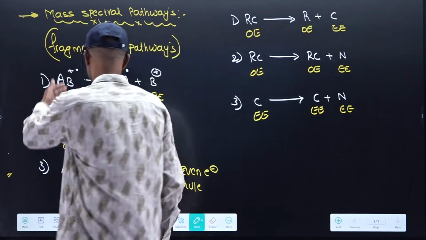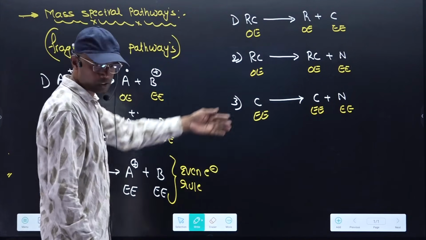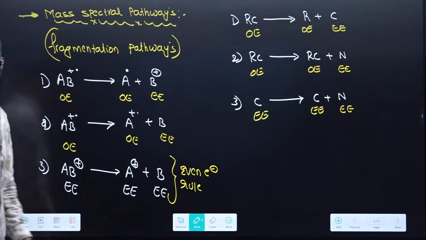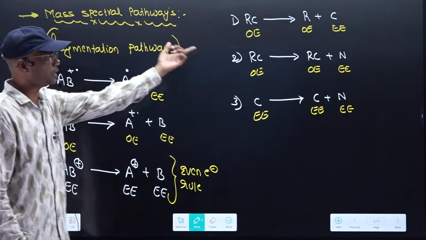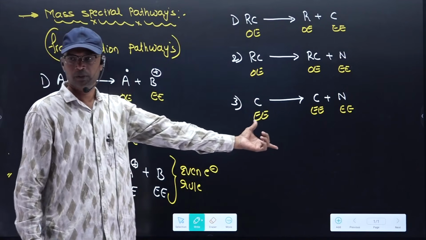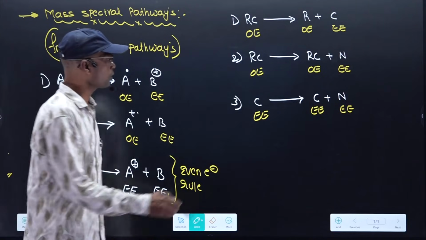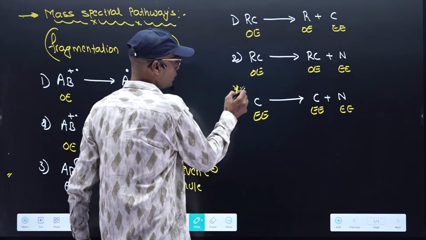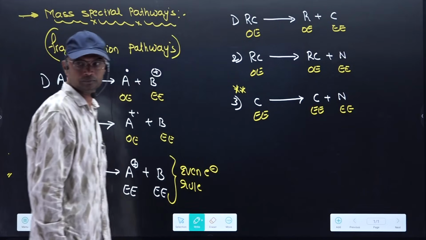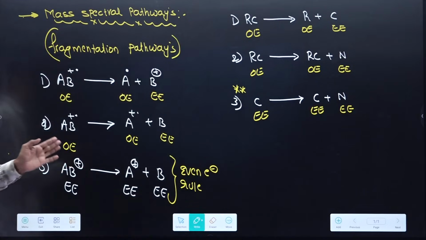So are these three matching with these three or not? Both are the same. Some books will write like this, some books like this, both are the same. So what about the third one? The third one is very, very important. The third one is called the even electron rule. It is there in your syllabus separately. Even in your textbooks they will explain clearly what the even electron rule is.